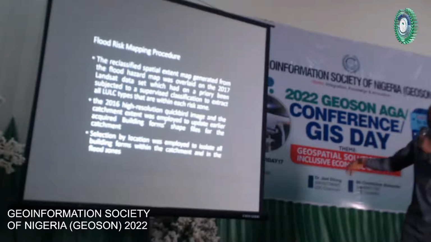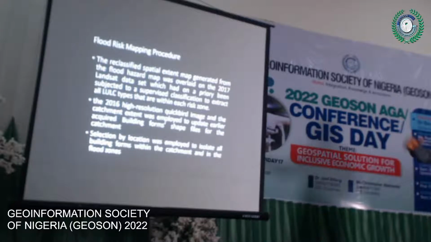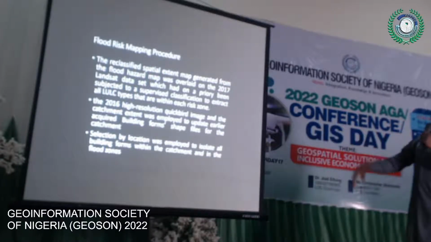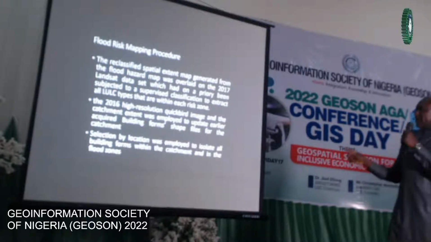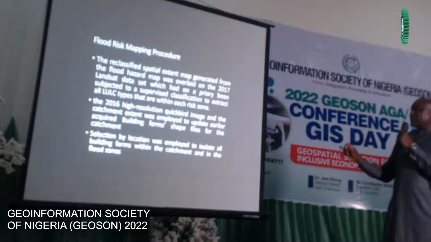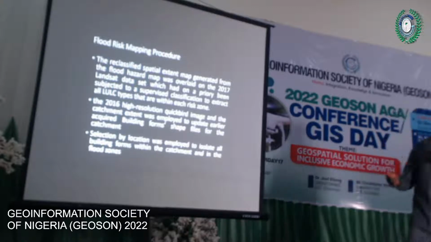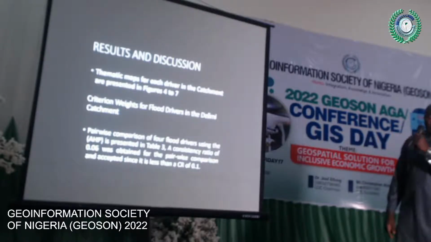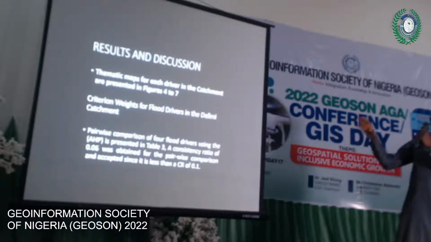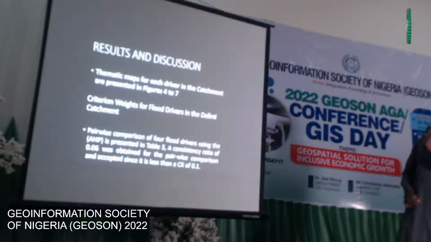That was used to determine the number of buildings that were affected within each of the zones. Selection by location was employed to isolate all building footprints within the catchment and in the flood zones. So the result of the analysis, a thematic map for each driver in the catchment area, is presented in our map.